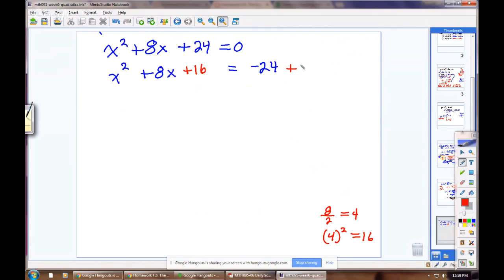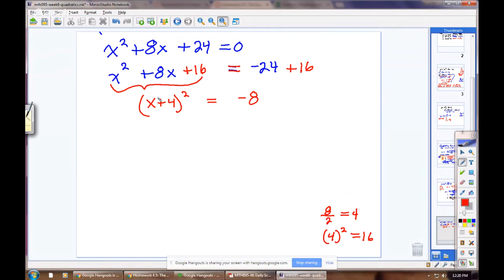I also have to put it over there because I need to keep things equal. The point of that 16 is to make a perfect square. I now have the square of x plus 4. On the other side, negative 24 plus 16, that looks like a negative 8.